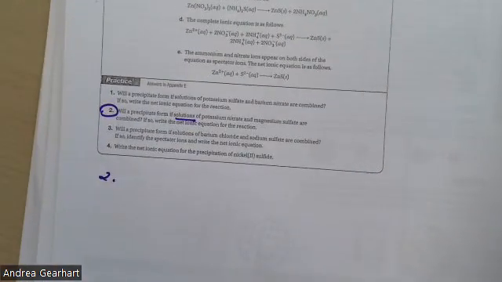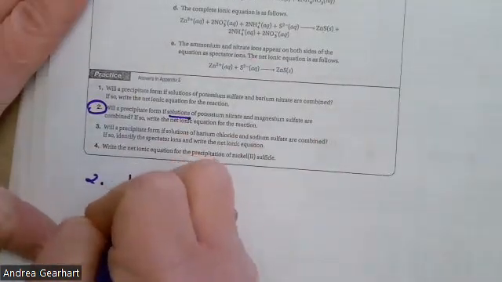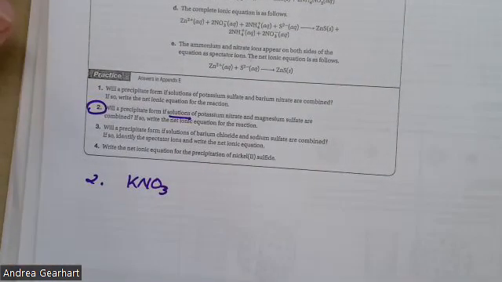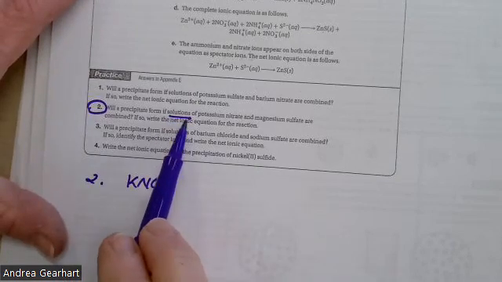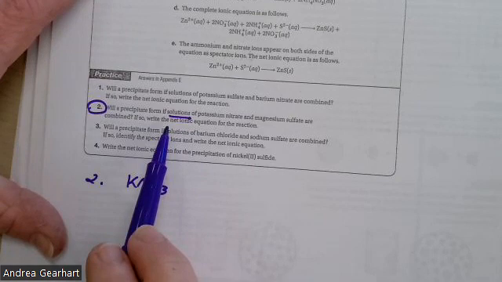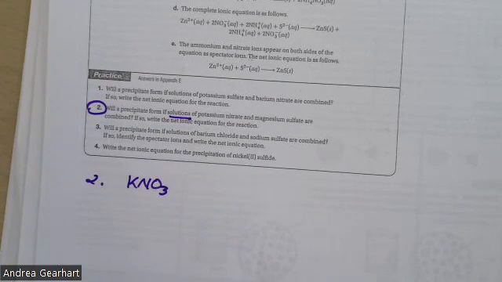What is that formula? You got it. What phase symbols are they? Solid. Liquid. Okay, so if it just said potassium nitrate, nothing else, absolutely solid. Ionic compounds, all solid at room temperature and pressure.